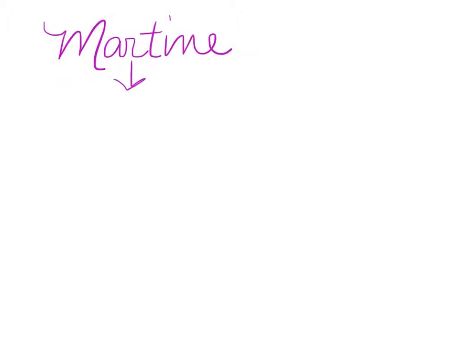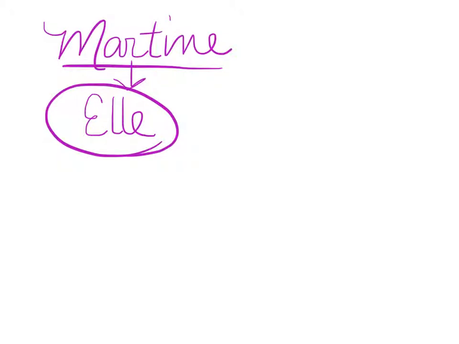If we were talking about Martine, we wanted to say Martine has a desk. If we were to replace Martine with a subject pronoun, it would be she, elle. So then we know that we need to conjugate Martine to match this subject pronoun. So we would do a. Martine a un bureau.